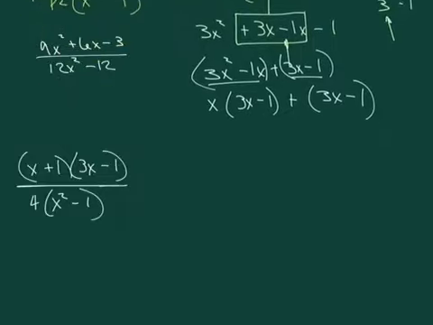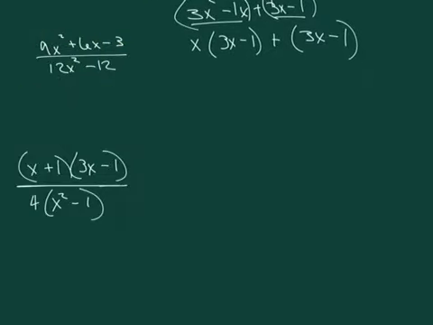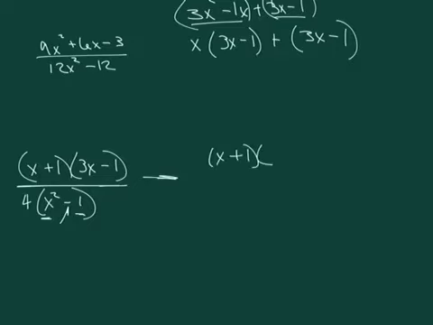And what we need to do is look and see if that's as simplified as it can go. Can I simplify x squared minus 1? Yes, I can, because x squared minus 1 is the difference between two squares. I can take the square root of x squared, I can take the square root of 1, and I have a minus sign. So my numerator, I'm going to leave it the same.